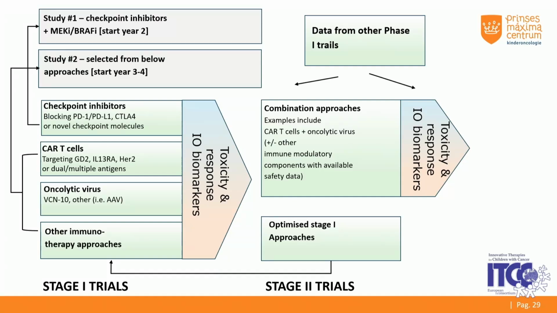Then after you have this phase 1 together with the biology, you start thinking, what would be a suitable next compound to add to this one? And then you add this one, for example CAR-T plus oncolytic virus, and then you go to the next phase, or you say there's no compound available yet which you would like to combine, and then you add it into stage 1. So very dynamic, maybe also very challenging, but this may be an option to move forward.